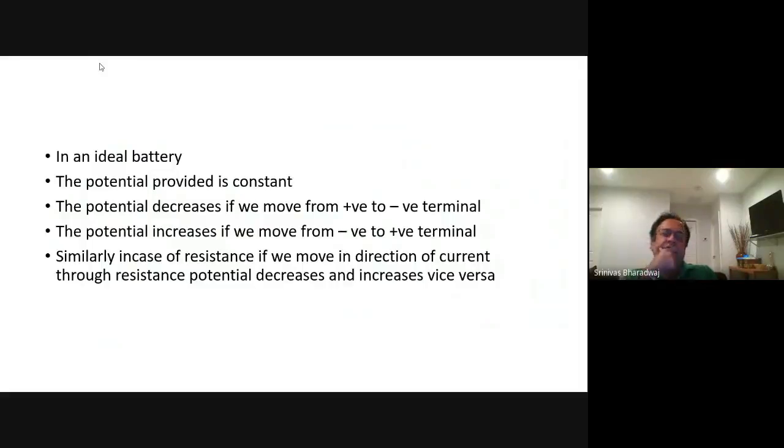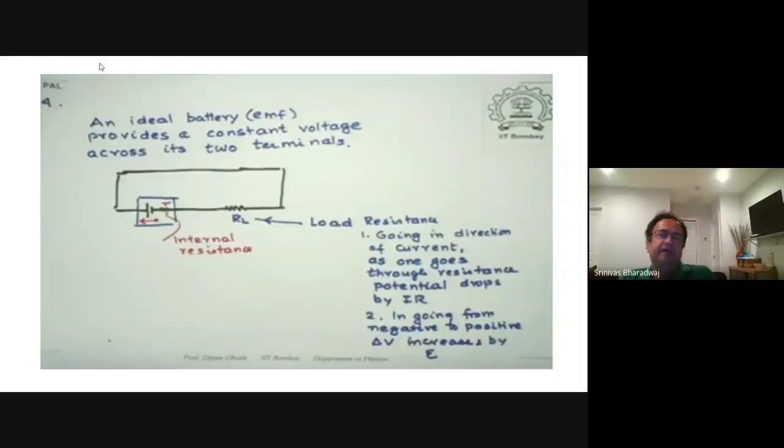It has a rating which tells you what it is, and it has an internal resistance which you also should know. So in the case of resistance, as we move in the direction of current, the potential decreases. So an ideal battery provides a constant voltage across its terminals, but most batteries also have an internal resistance.